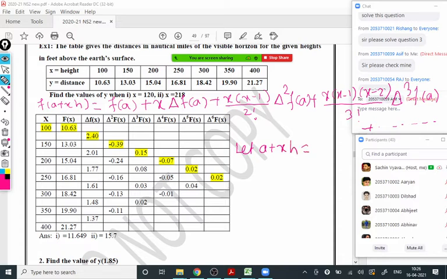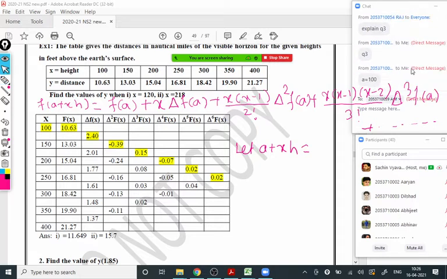We have to find the functional value at a + xh. Someone on the chat says a is 100. That is okay, but I'm asking what a + xh should be here. Yes, obviously 120. So let a + xh be 120.